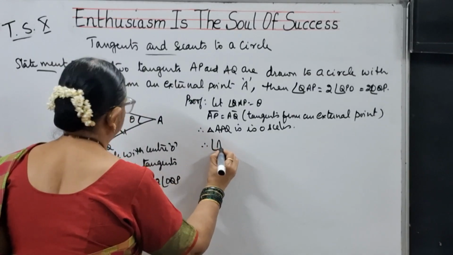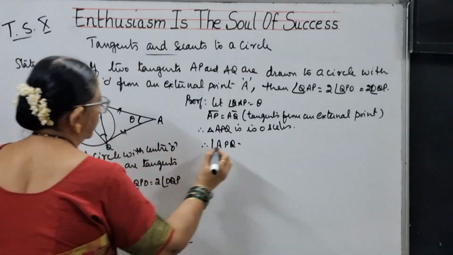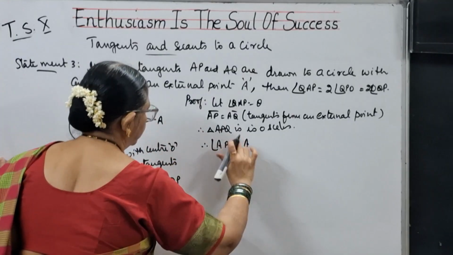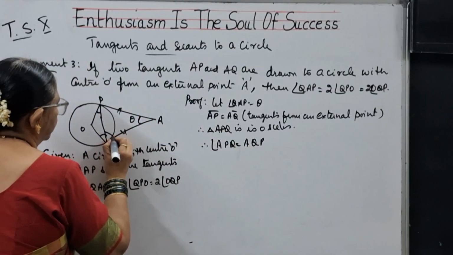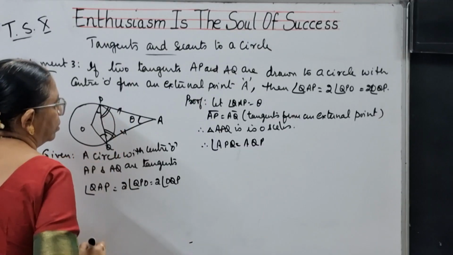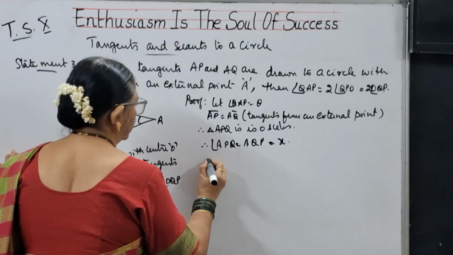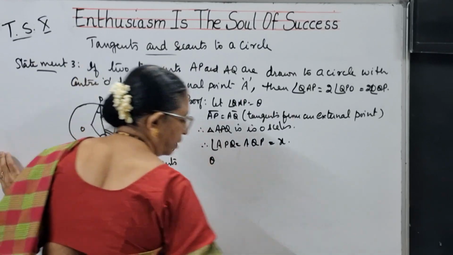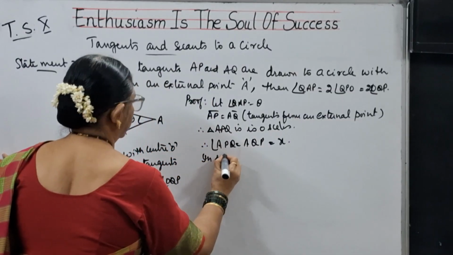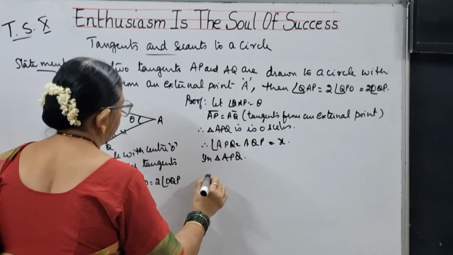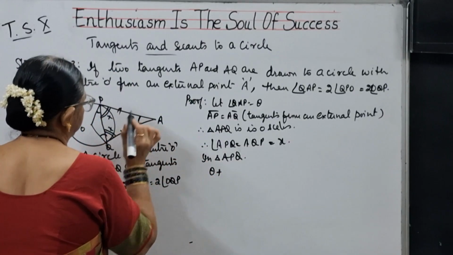That means angle APQ is equal to angle AQP. So these two angles are equal. Let us consider that is equal to x. We know that in triangle APQ, theta, that is this angle, plus this I am considering it as x and this as x.